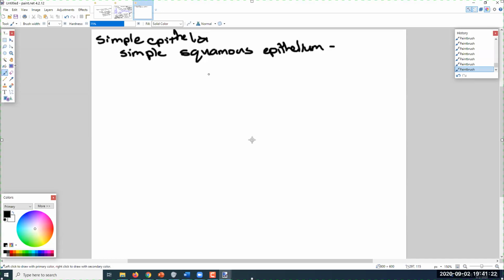So if we were to draw it out, it looks something like this. It's only one layer of tissue, and that single layer of tissue would be flat cells.